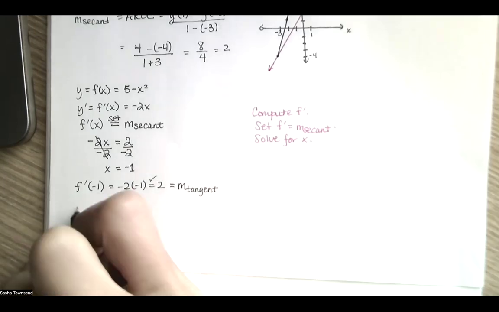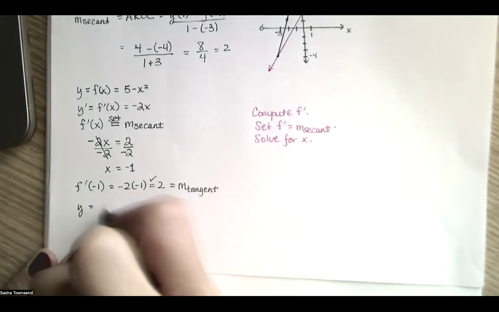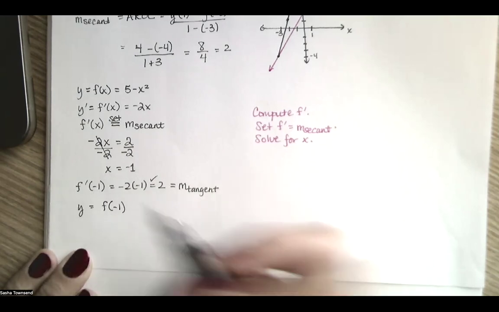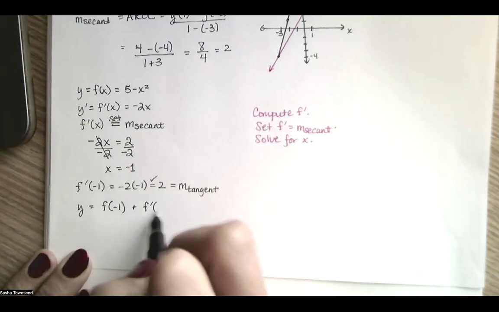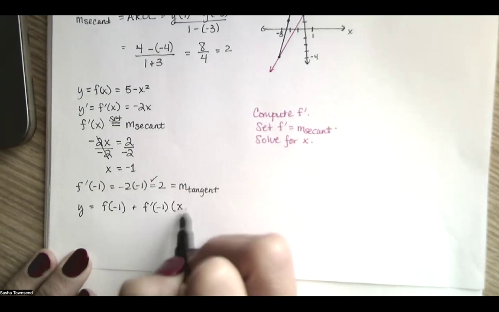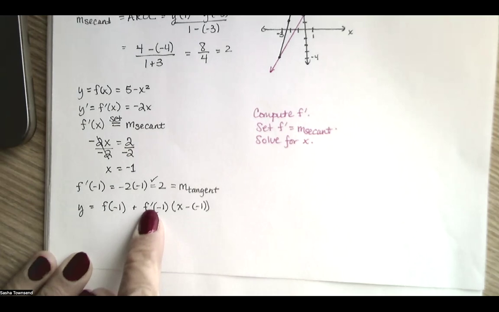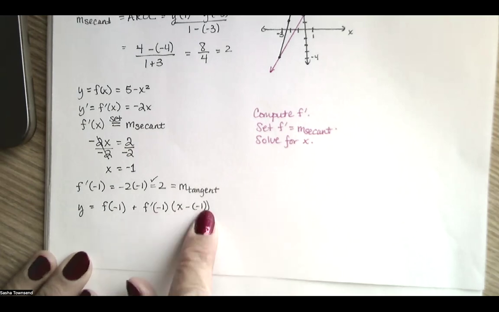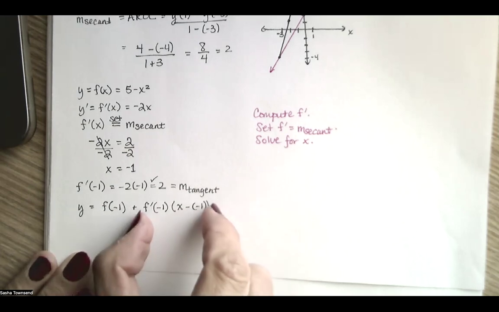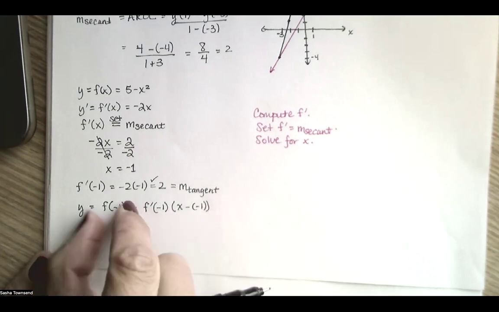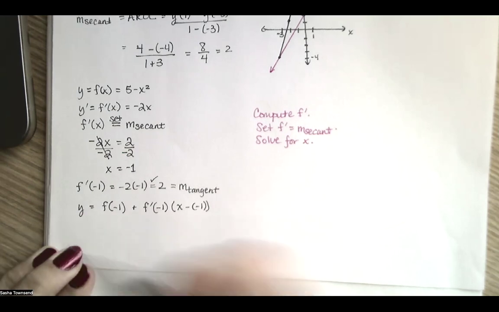And then the equation of the tangent line is y equals the original y value at that x value plus the slope at that x value times x minus that x value. So this is change in y divided by change in x times change in x. That's going to give us a change in y. That change in y plus the original y value is the new y value.